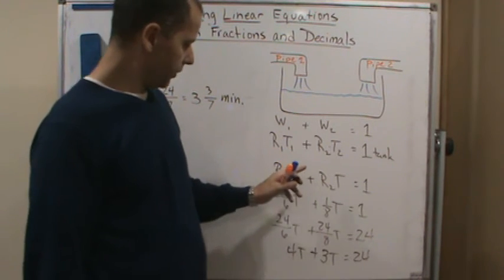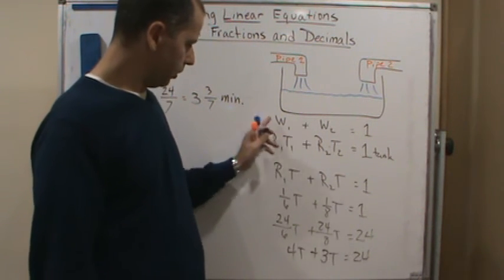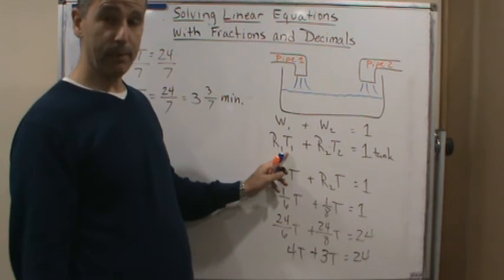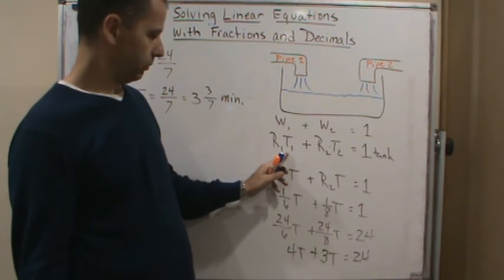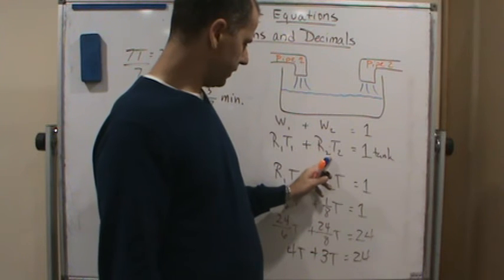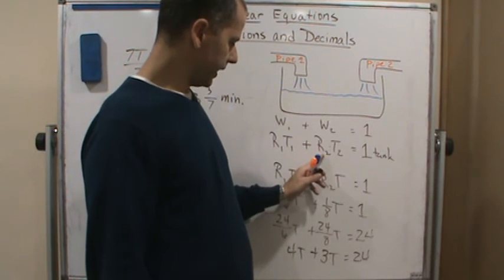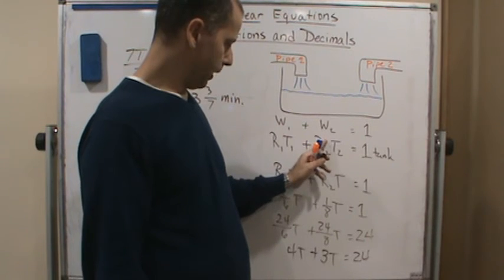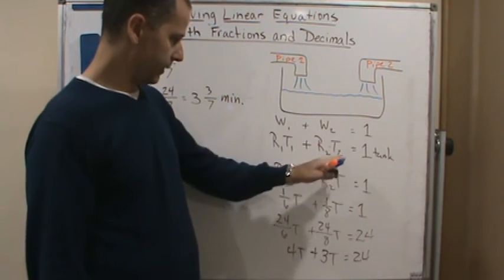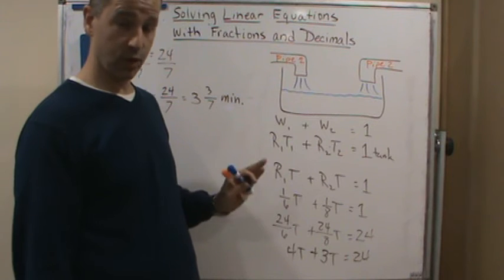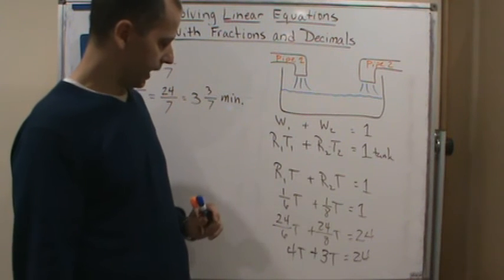This equals the amount of the tank that's filled. This is the rate for the second pipe, the amount of the tank per minute, times time, which is minutes. So the minutes are going to cancel in this case.